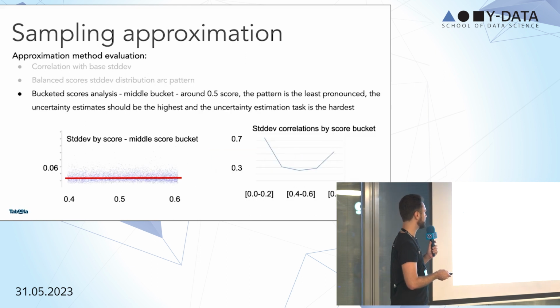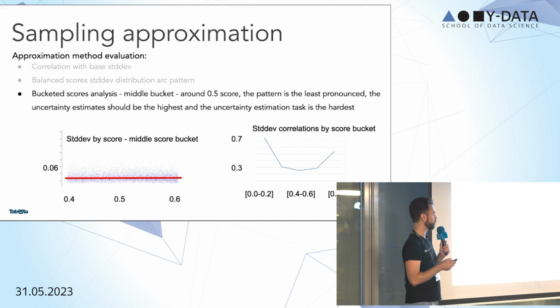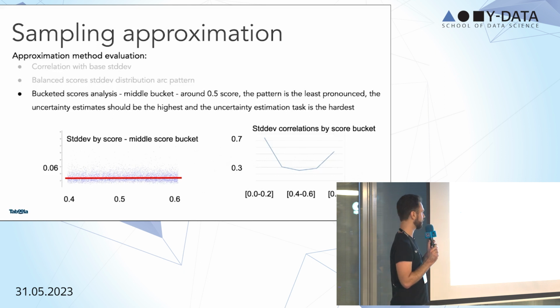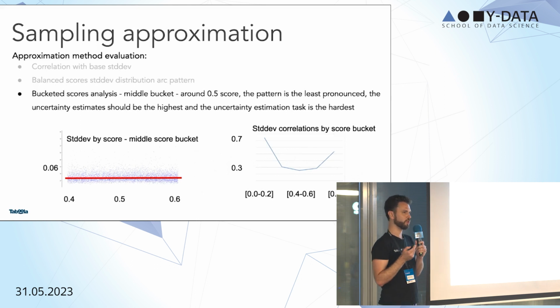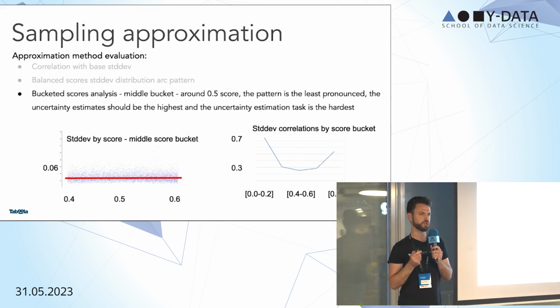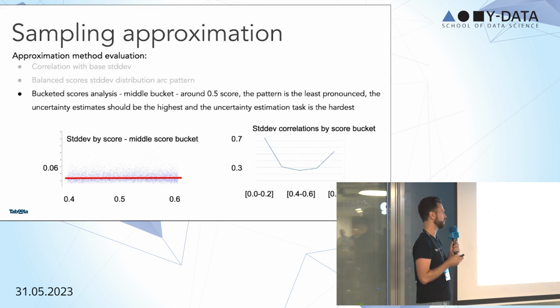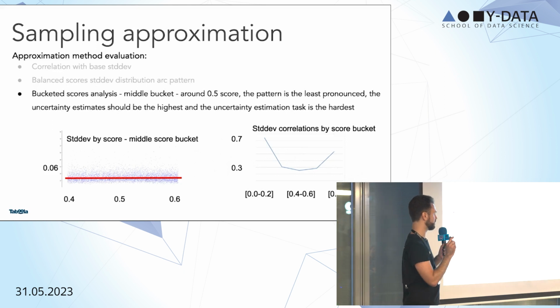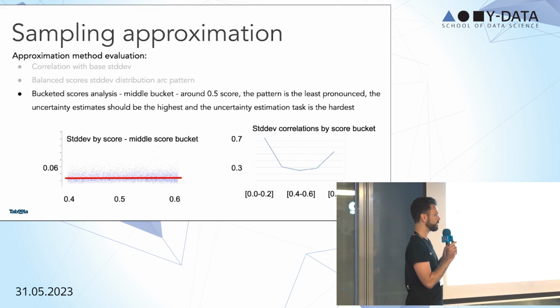So here we can see in the right plot the correlation by score bucket. You can see that in the extreme buckets, the correlation skyrockets. It's really high, 0.7, 0.6. But it's not really informative because there's a linear pattern that both the approximation and the original basic metric follow. So probably the correlation is derived because of this. But in the middle bucket, therein lies the gold, because this correlation is true.